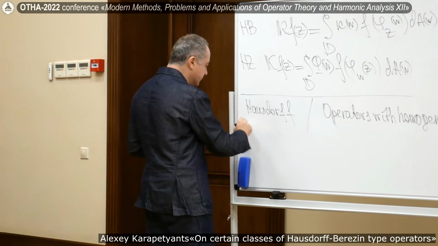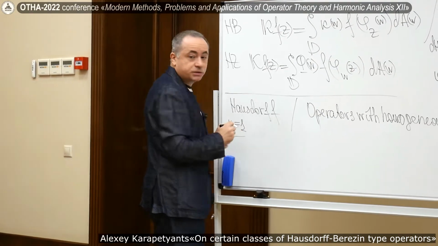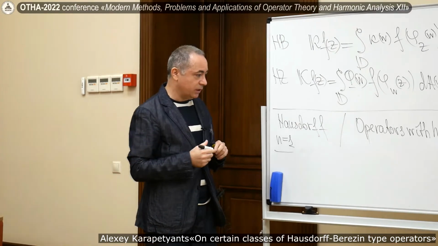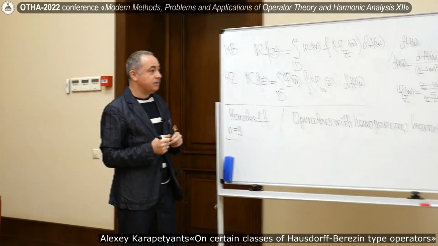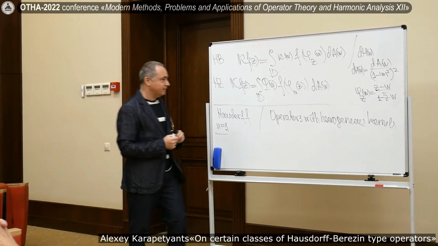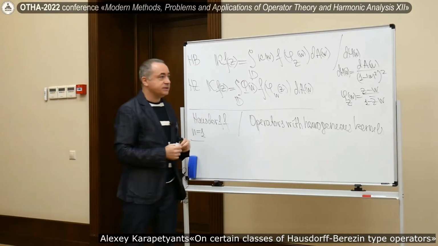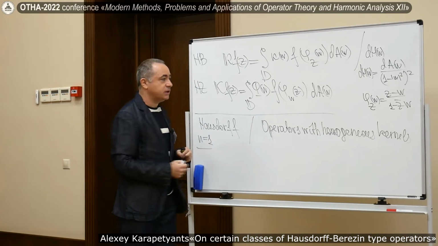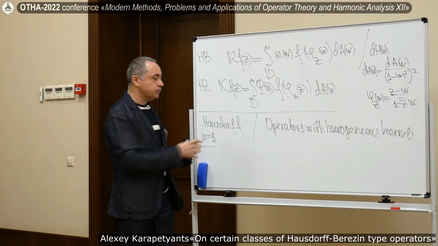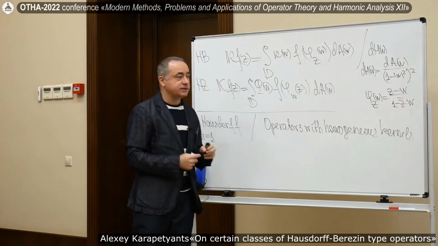In the one-dimensional case, this would be the same, and the whole theory goes back to the Hardy-Polya theory, very well known, but in the multidimensional case these classes are different. In any case, these are big classes, and operators from these classes possess particular features and tools used in their study.